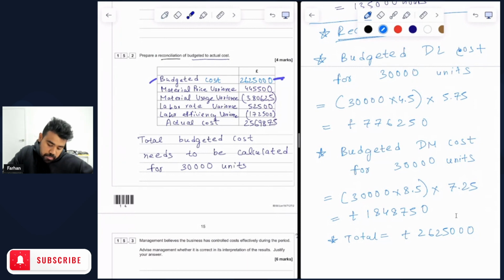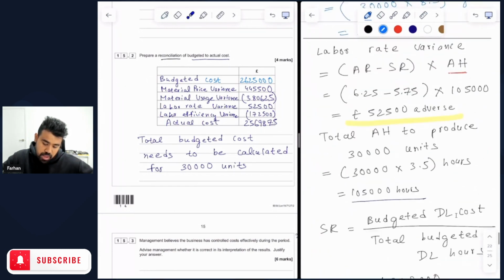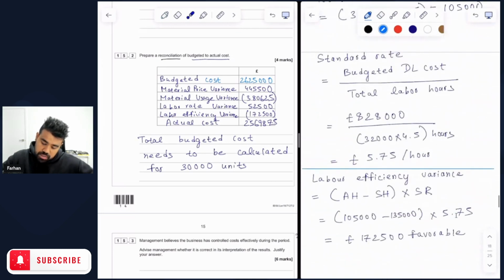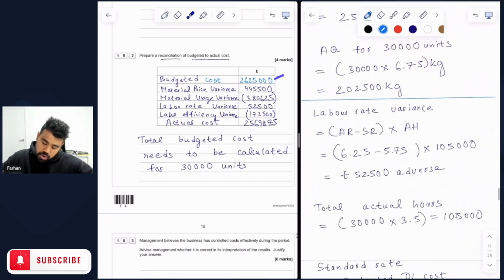Once you have got that ready, now we have to go through each of the four variances that we had calculated and understand whether or not we should add or subtract to the budgeted cost of 2,625,000.